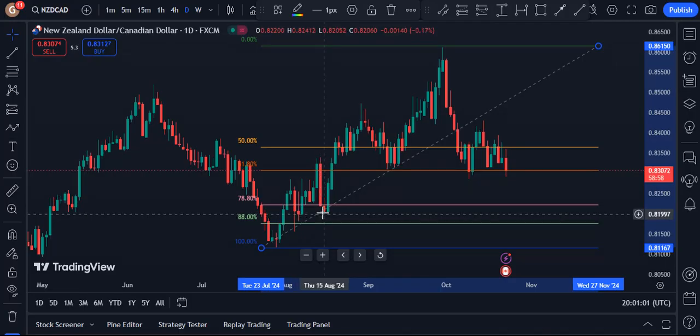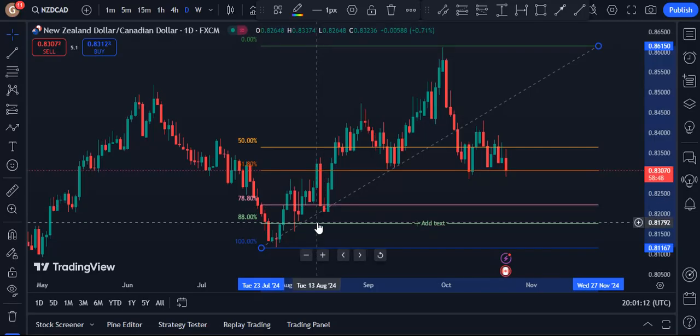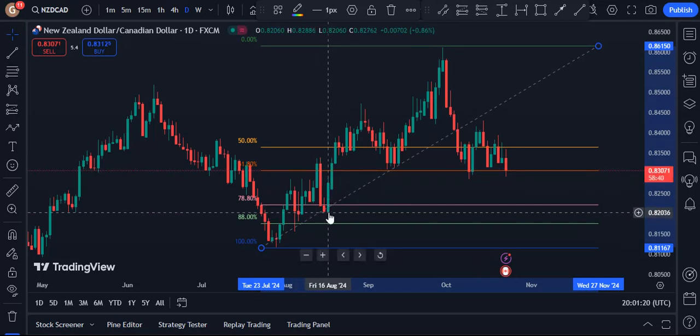So right here, we are going to make our supply and demand zone. With making our supply and demand zone, the first thing we need to see is a rapid move by price from that level with big candles, or candles that have momentum.